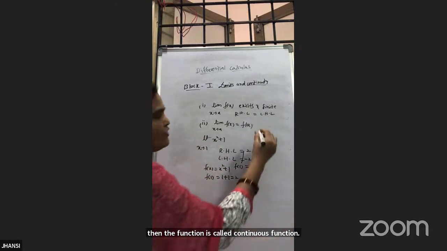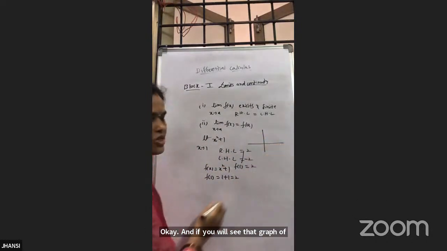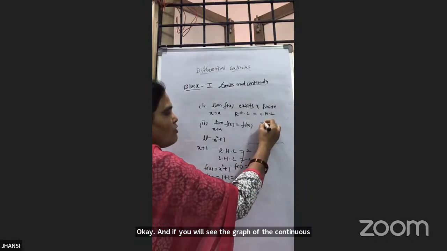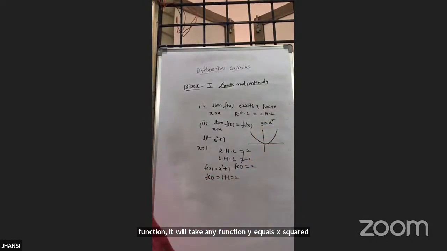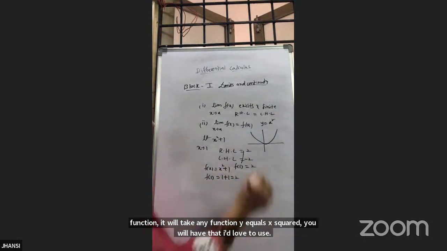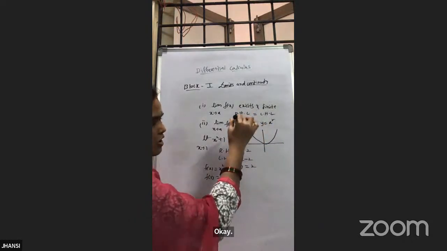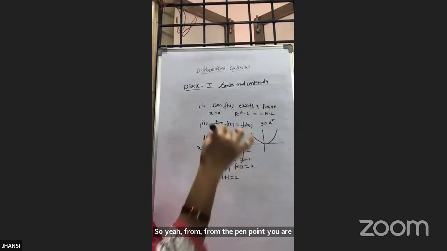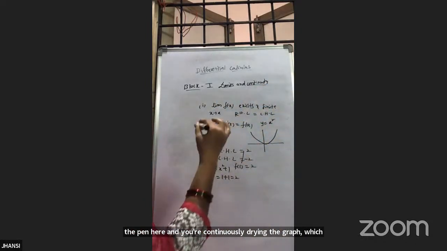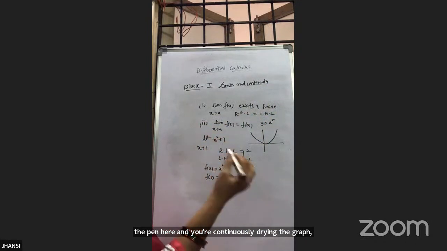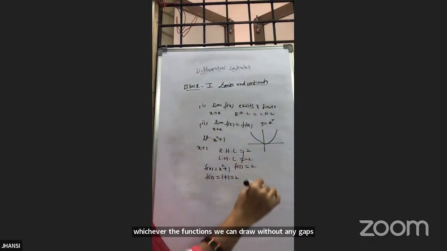And if you look at the graph of a continuous function, if you take the function y equals x square, you will have a diagram like this. Here you are not lifting the pen, and you are continuously drawing the graph. Whichever functions we can draw without any gaps or jumps are called continuous functions.